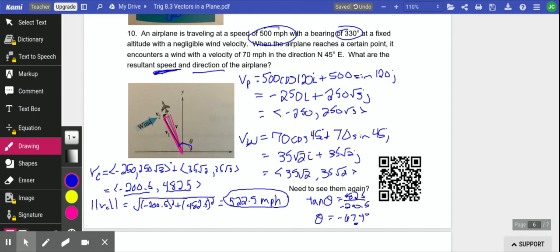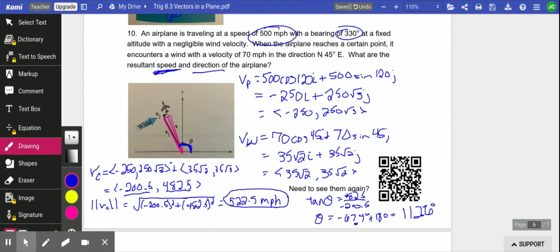But that's in the wrong quadrant, obviously. That's in the fourth quadrant. Clearly, our picture's in the second quadrant, so we're going to have to add 180 to adjust for that. And we get 112 degrees. 112.6 degrees, I'm sorry. Now, that's still not right because that's this angle. You remember how we want to do airplane bearings, right?